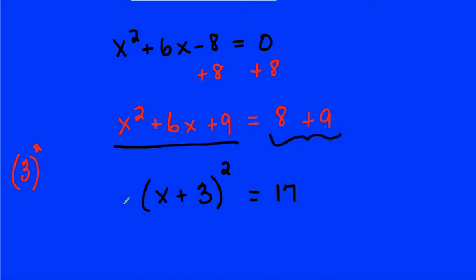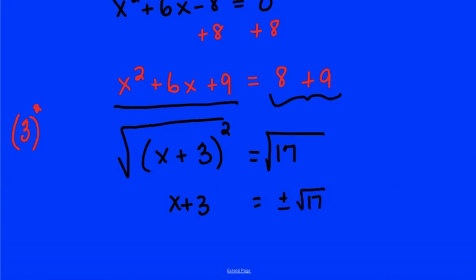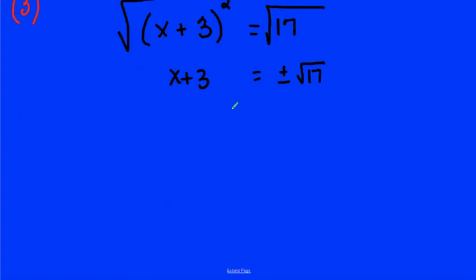I solved by taking the square root of both sides, and I got x plus 3 equaled. We took the square root of both sides, so we have to consider both the positive and the negative, root 17. Root 17 does not simplify because it does not have a perfect square in it, so we leave it.